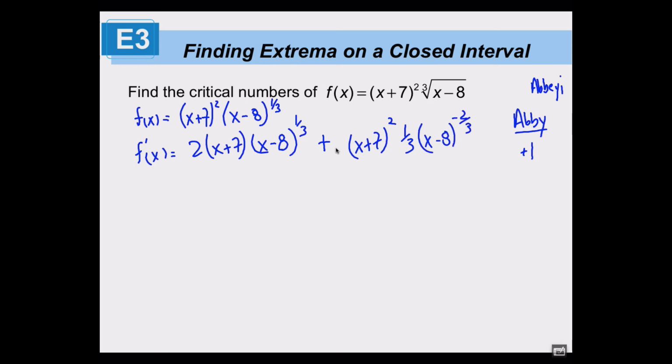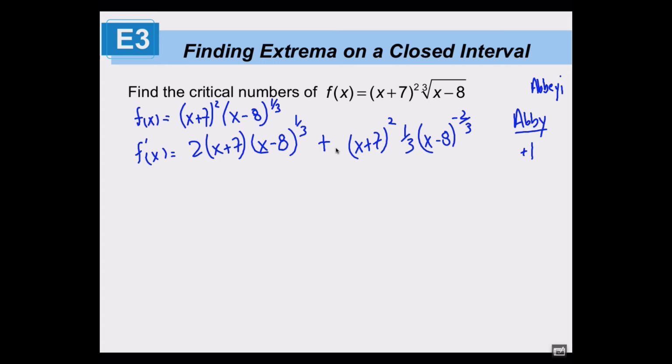Okay, we good on the derivative? Notice there would be chain rules, but the chains in this case are 1, so they don't matter. That's a sum. Sum bad. Question? Would you factor out an x plus 7 and an x minus 8 to the negative?